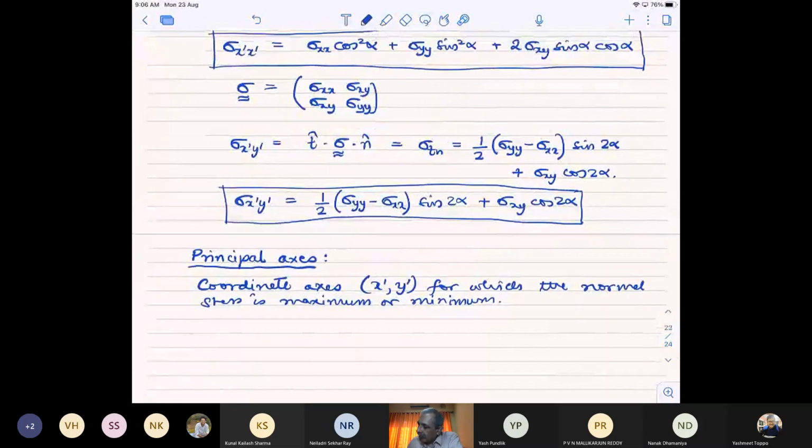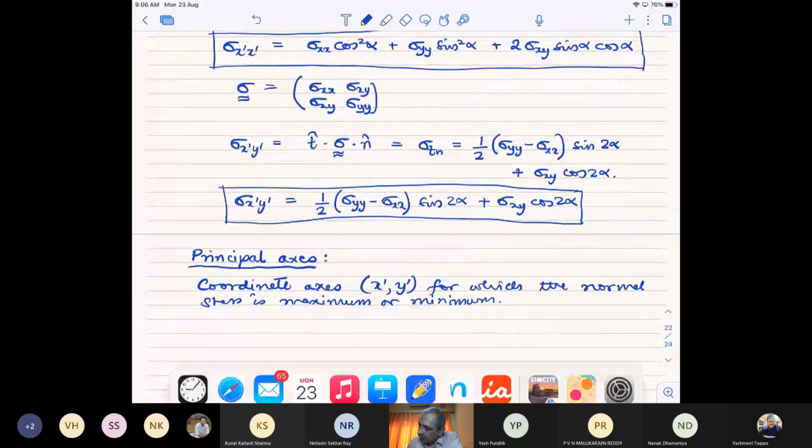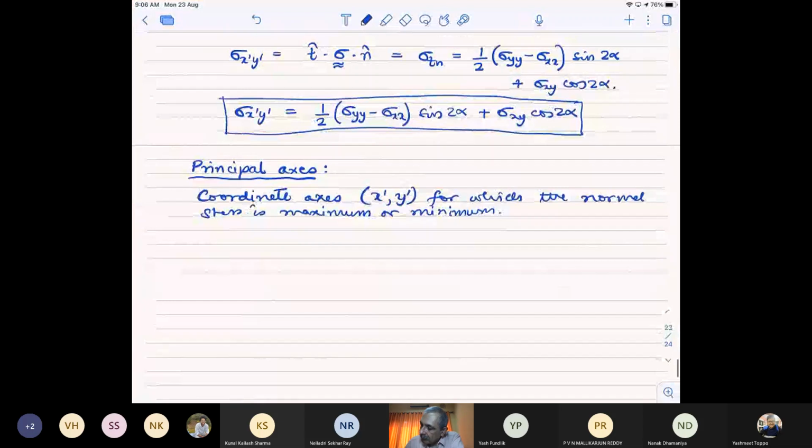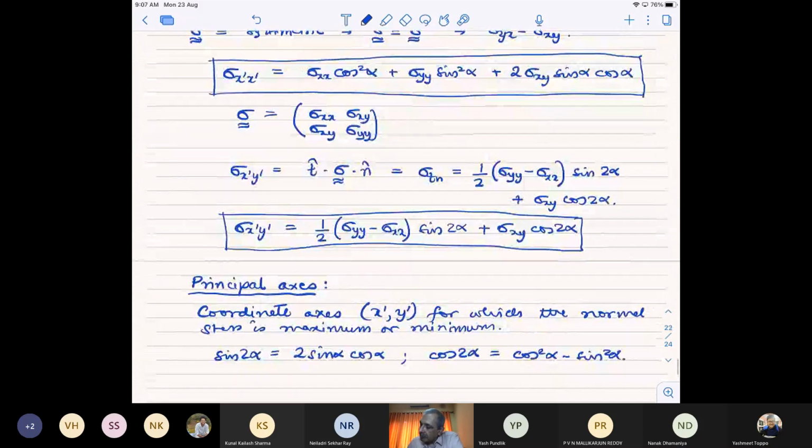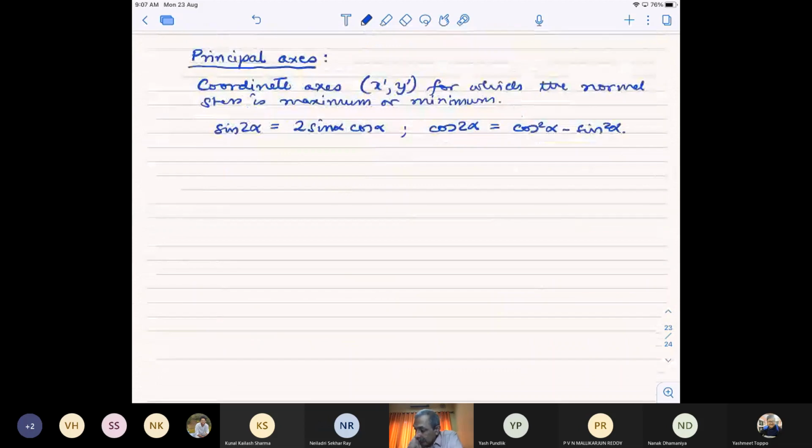So just as an aside, you know that sine of 2 alpha is equal to 2 sine alpha cos alpha, and cos of 2 alpha is equal to cos squared alpha minus sine squared alpha. So I can use this to put both of these terms in terms of sine and cos of 2 alpha. The algebra will become easier when we want to do the derivatives.